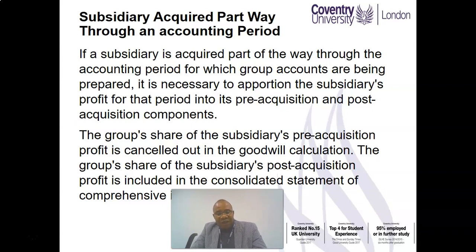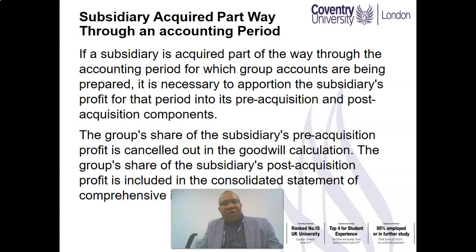What that therefore means is that we would take the profit and prorate it. In other words, take the proportion that belongs to the period before acquisition, and then the proportion that belongs to the period after acquisition. I'll give you an example.